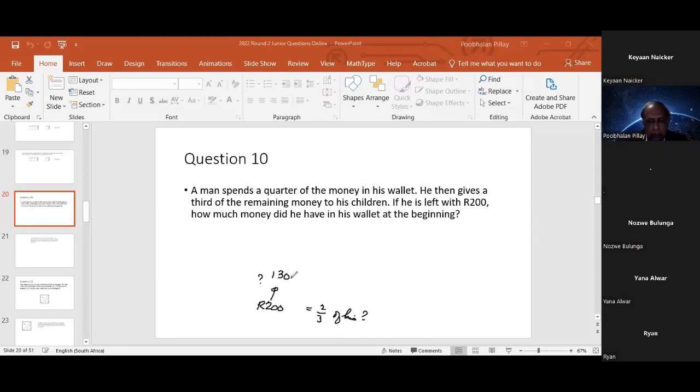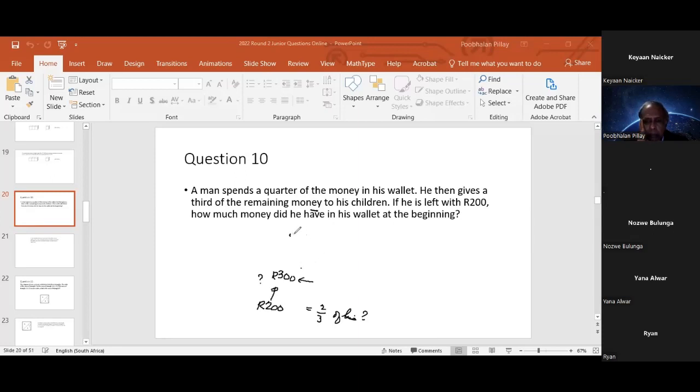You can do this mentally. 2/3 of 300 is 200. So before he gave his money to his children, he had 300. But before that, he spent a quarter of the money in his wallet.